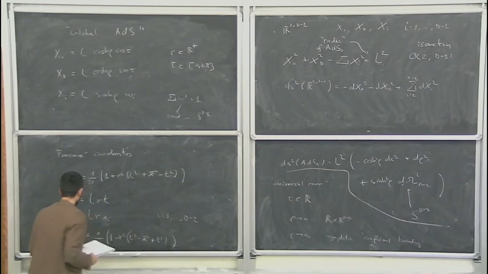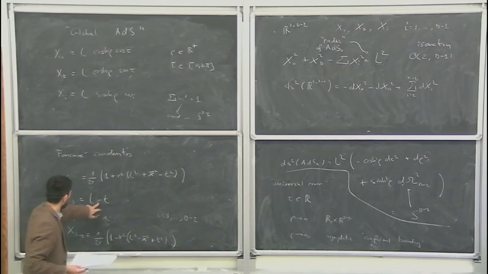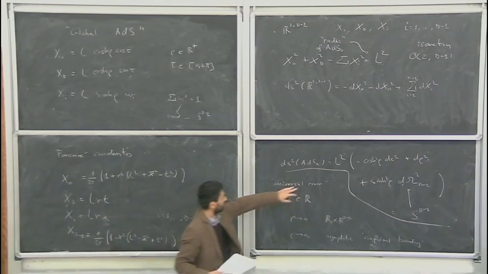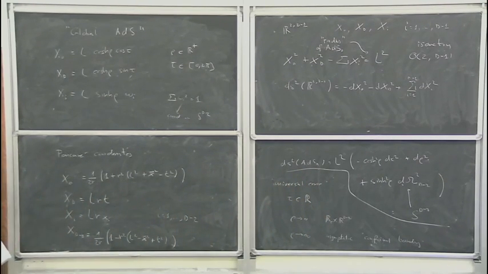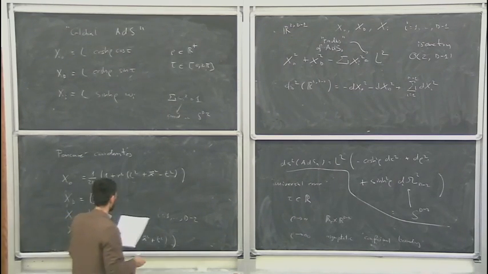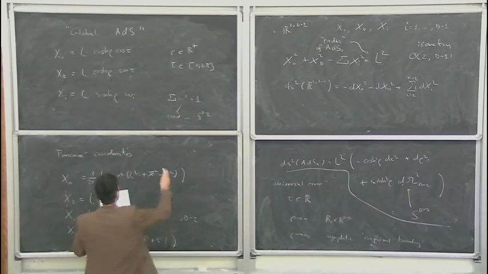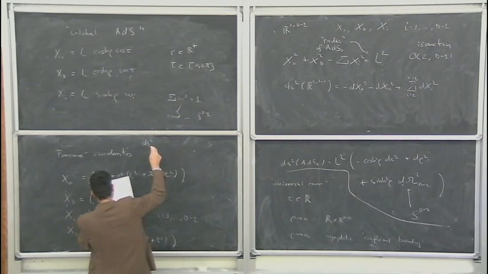I think the change of coordinates between this tr and xi and the global one is quite complicated, but if you go through this, it's relatively simple. So again, it's a simple exercise, and let me write here in the corner what you find at the end of this exercise.